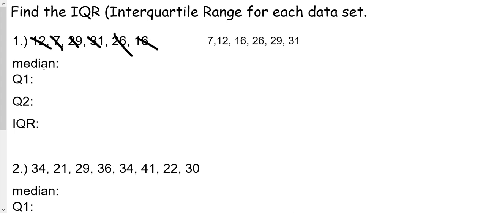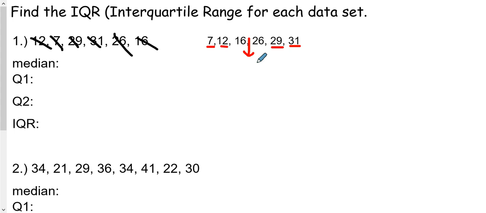So now that we have that, we can find the median here. So when we're looking here, I'm going to just draw lines underneath again so we can see. We have 1, 2, 3, 4. Okay, and then I have 2 numbers left in the middle. So remember, when I have 2 numbers left in the middle, my median is going to be the average of those 2 numbers.